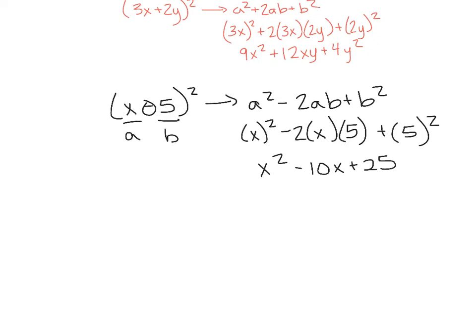Okay, or we could have something like 6a minus 1. And we set it up a squared minus 2ab plus b squared.